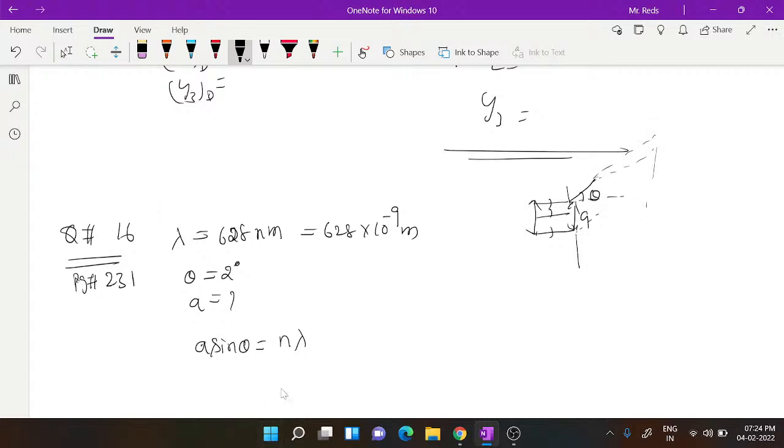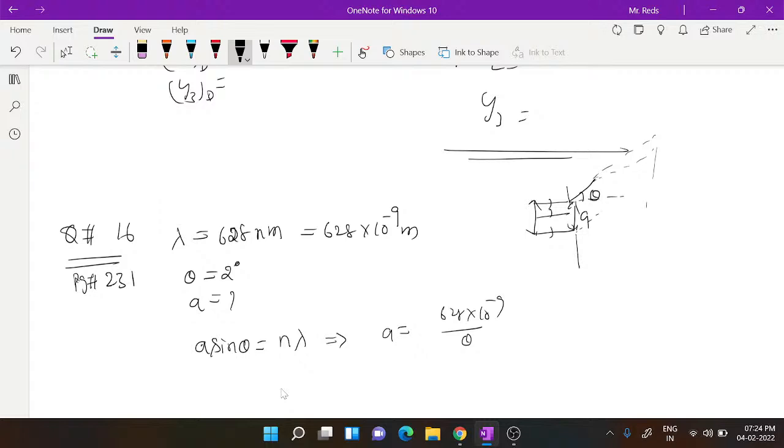In such a case, A will be equal to, if it is first order, 628 times 10 to the power minus 9 divided by theta. Theta is given in degrees. To get this in meters, you should have theta in radians, so you have to convert.